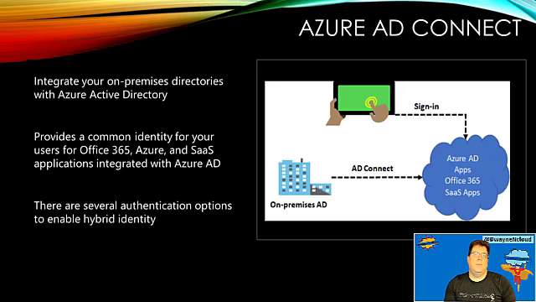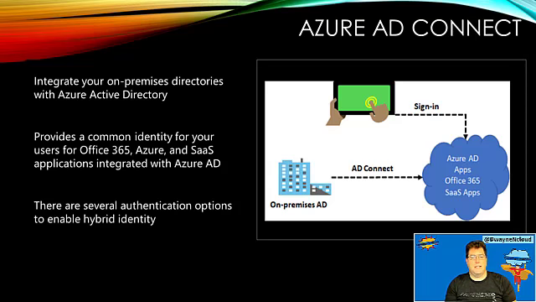So to talk a little bit deeper around Azure AD Connect, it is an integrated service for taking your on-premises directories and enabling users and groups from those on-premises directories into Azure Active Directory.